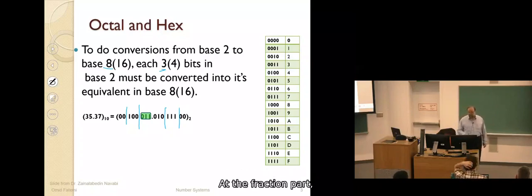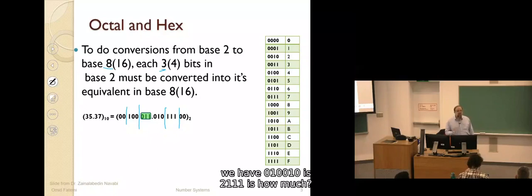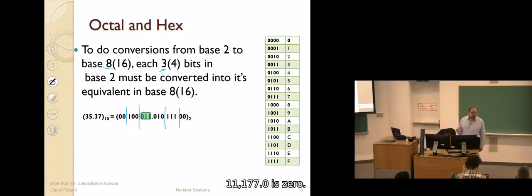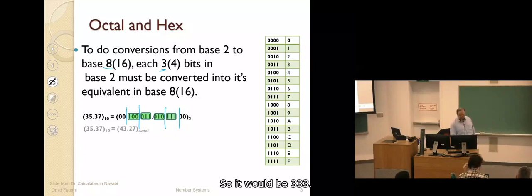In the fraction part, we have 0, 1, 0, which is 2. 1, 1, 1 is how much? 7. And 7 and 0, 0. So as you see, it would be 43.27 in octal.